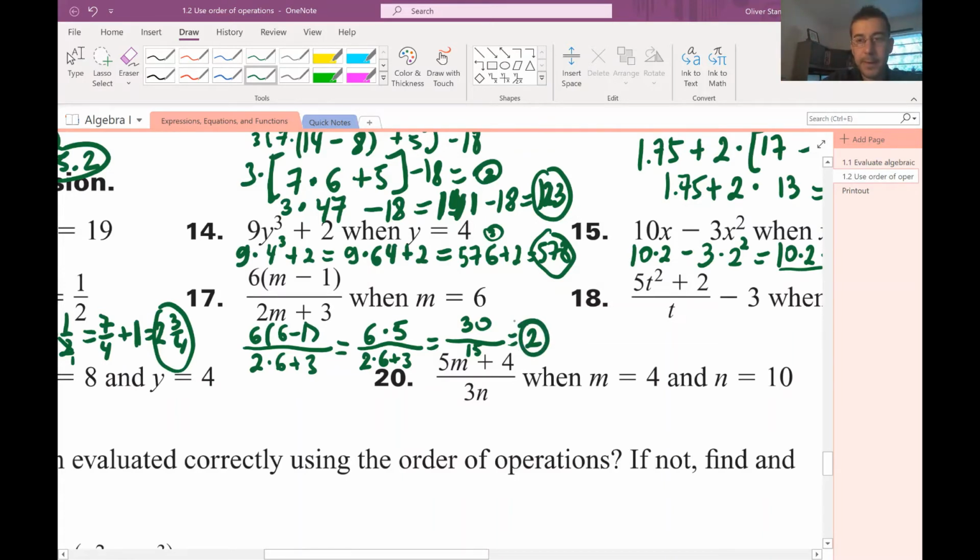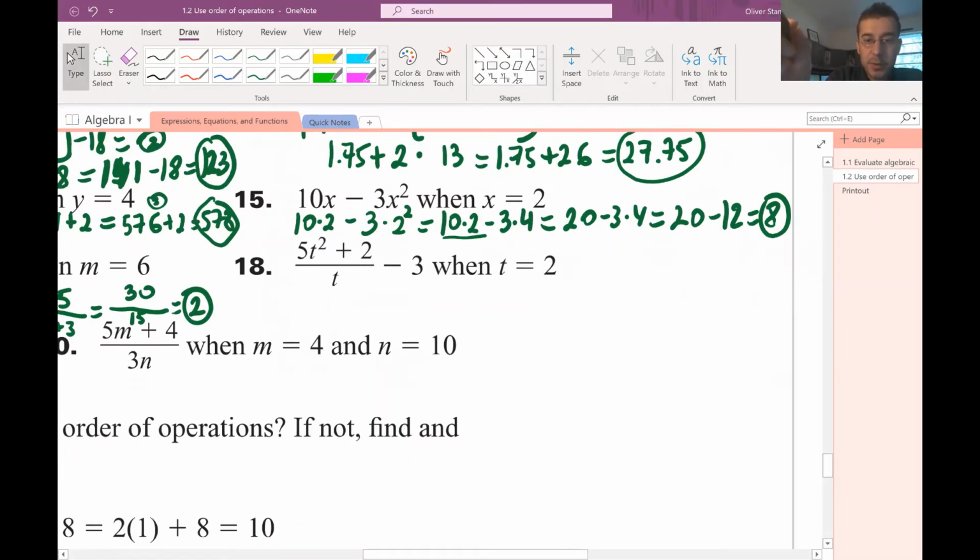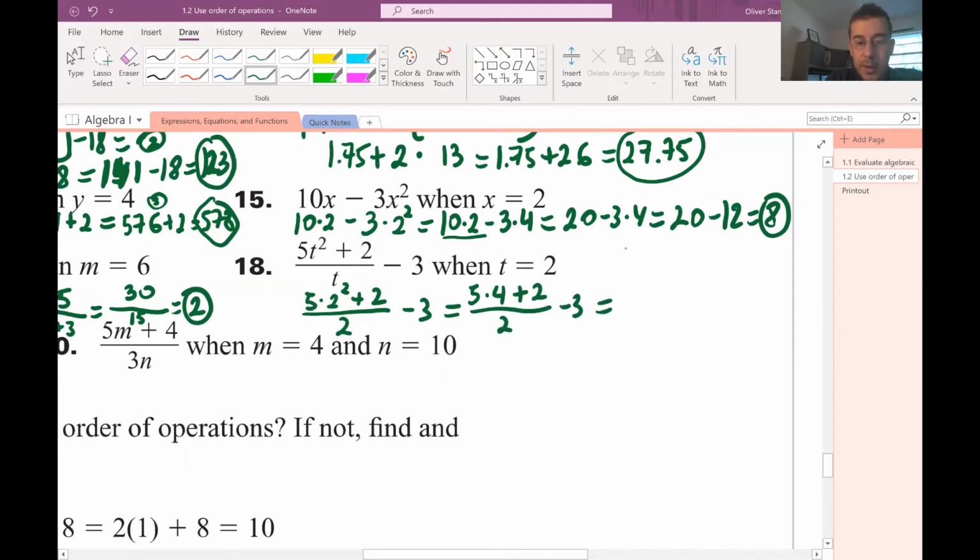Yep. And then 18. Let's do the substitution. So here we're going to get 5 times t squared, t is 2, so 2 squared plus 2, over 2, and then minus 3. We're going to do the powers first. So we have 5 times 2 squared, which is 4, plus 2, over 2, minus 3. Now remember, treat the numerator as a grouping.